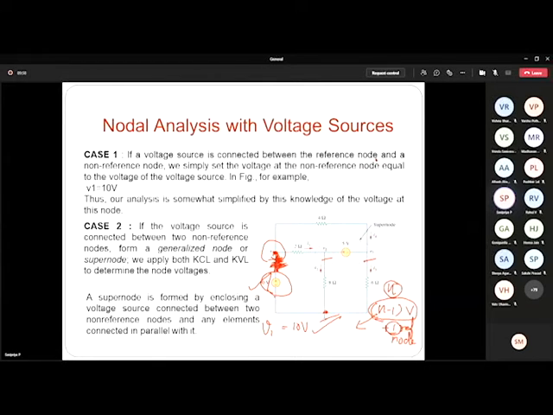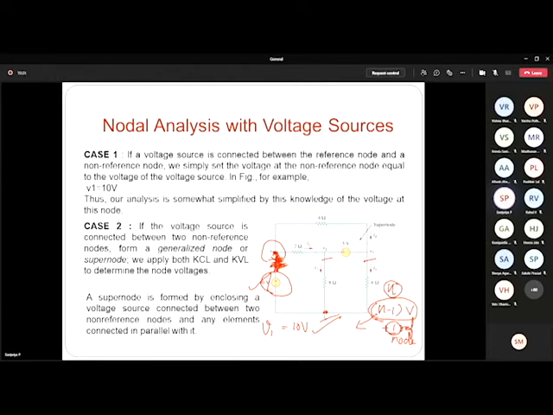Because the voltage source is connected between node 1 and ground, which is what is assumed as V1. So directly I could say that V1 is equal to 10 volt. I need not go for finding out V1, because we are able to find V1 directly. So this is one case. What is case 1? If I have a voltage source between the reference node and non-reference node.